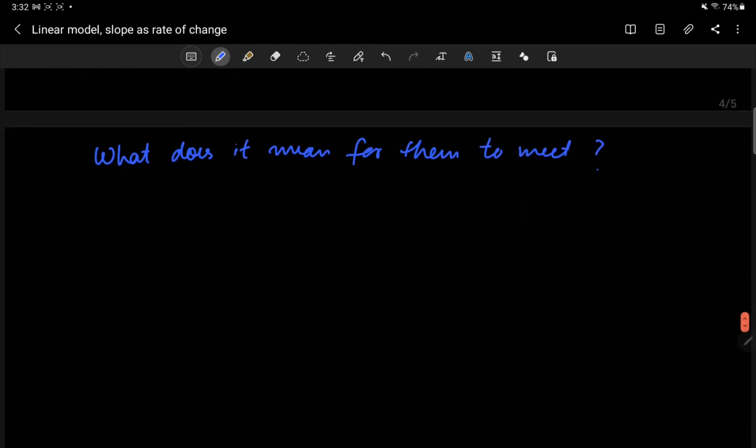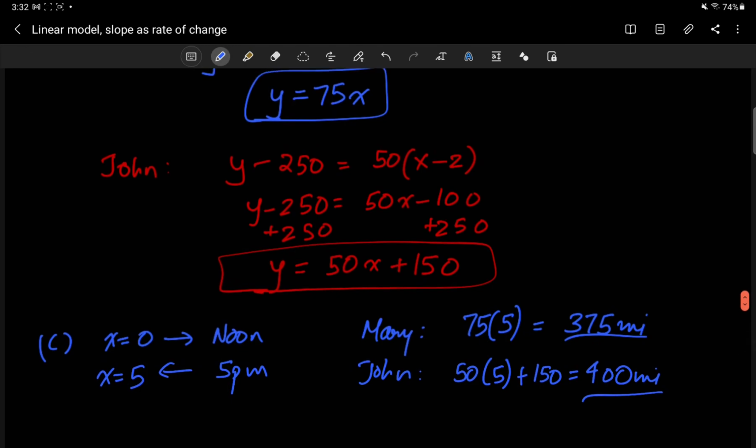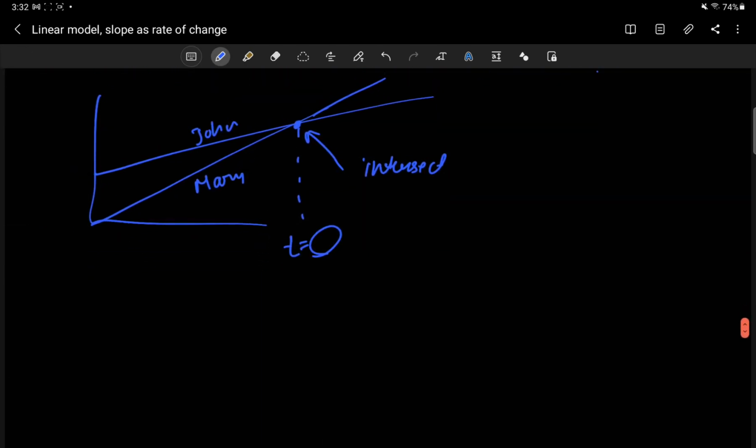To meet means that their positions on the graph coincide, so that if this is Mary and this is John, they intersect at some point. That would mean that before this intersection point, at whatever time it happens, John is ahead of Mary, and then after that, Mary is ahead of John. So finding that point basically amounts to solving these equations.